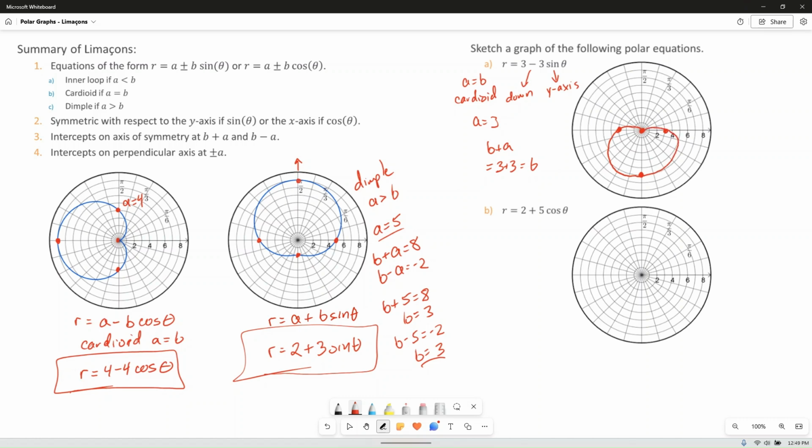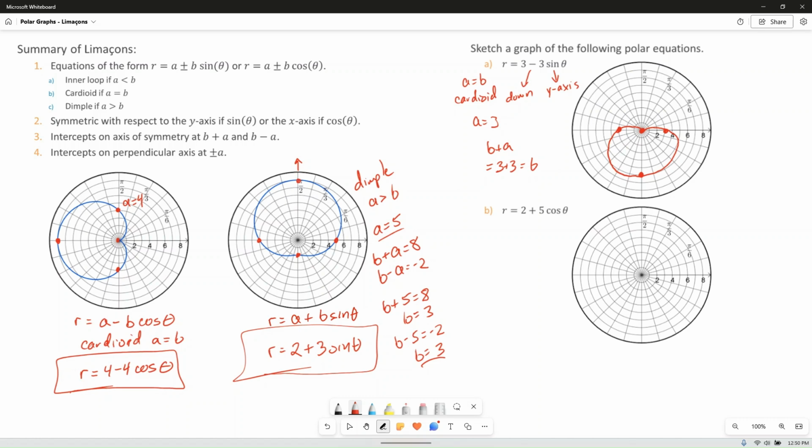Okay, that was maybe not the best, but that's kind of what it'll look like. So it starts at the origin and it loops up and around through the x-intercept, down and around through the y-intercept, back up through the x-intercept, back curving around back to the origin. All right, let's try one more.